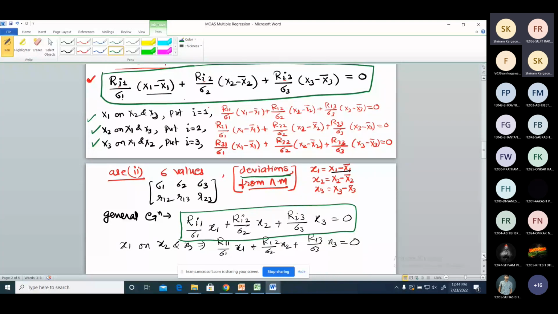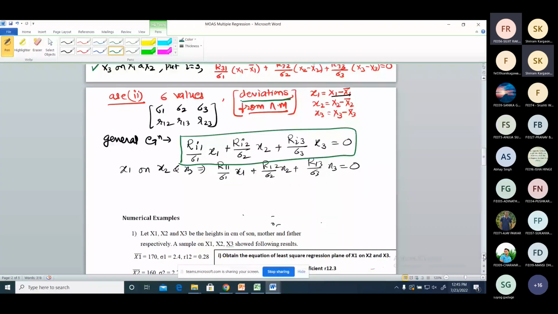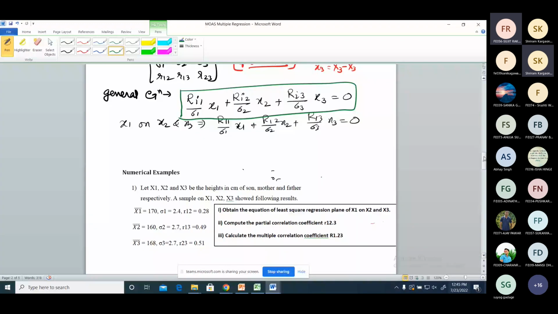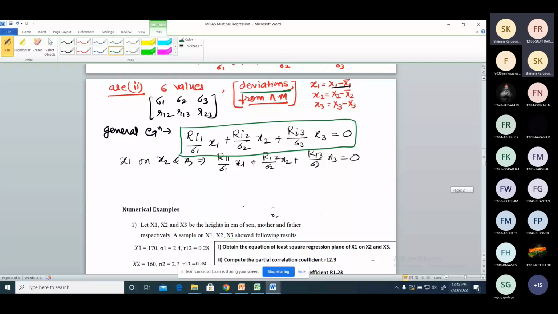The same case you have to apply here. So now we are coming to the numerical examples. Now be ready with the calculators. So which case to apply here? Just a revision of what I taught you.